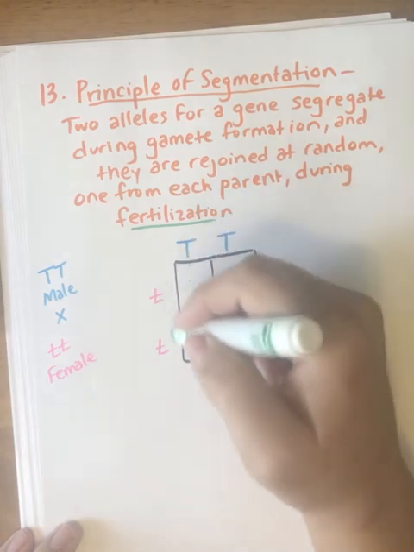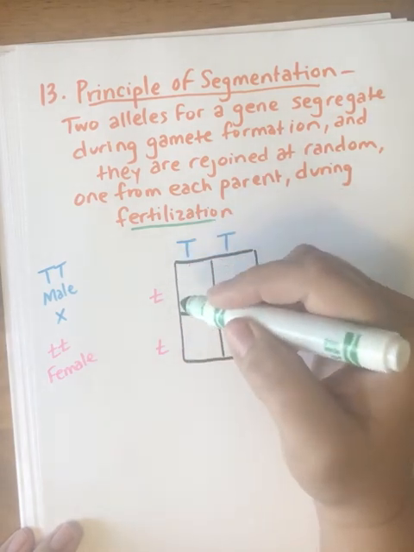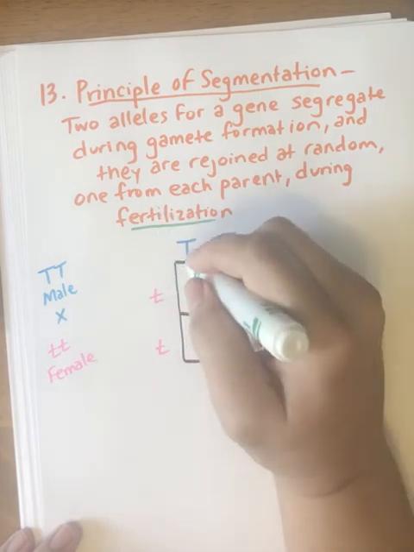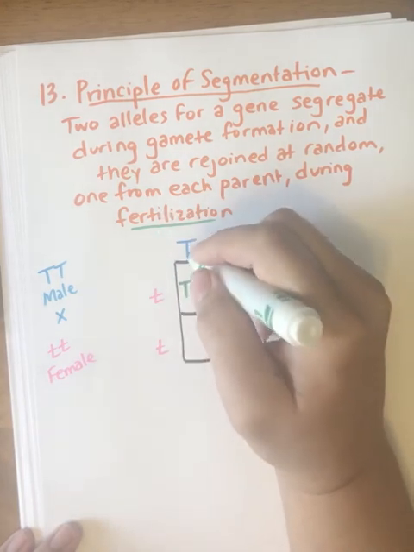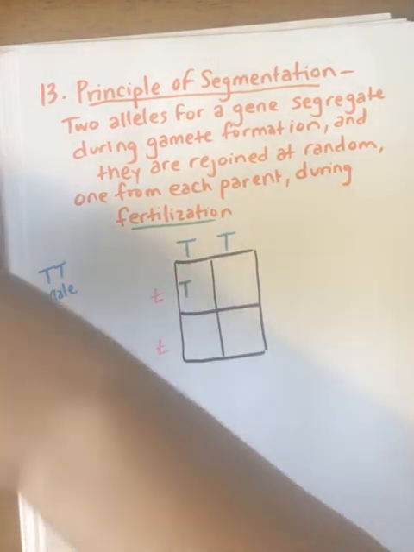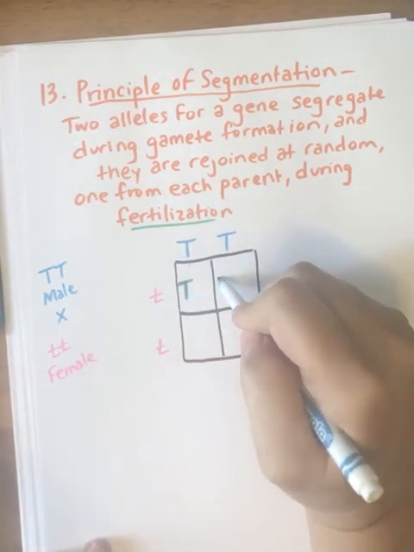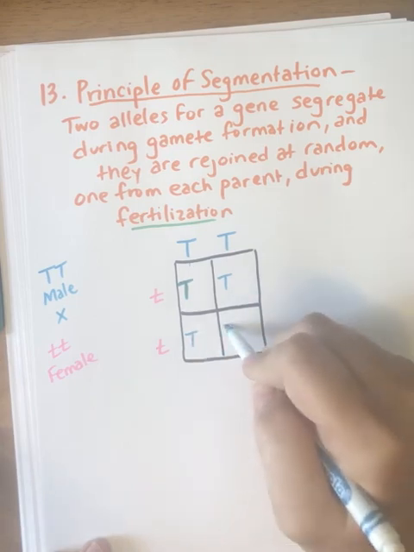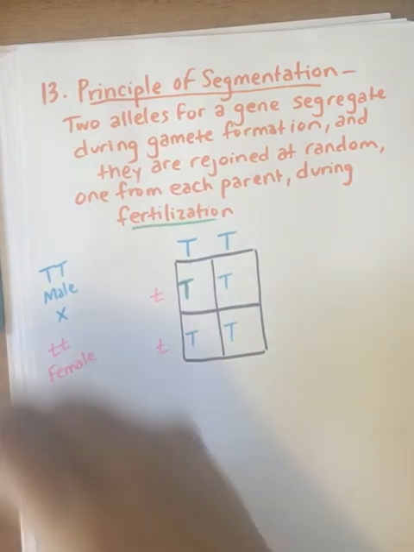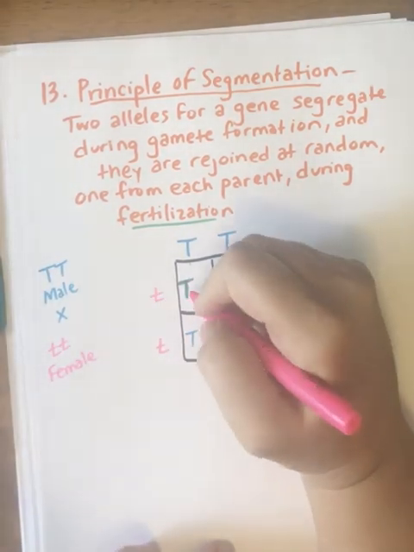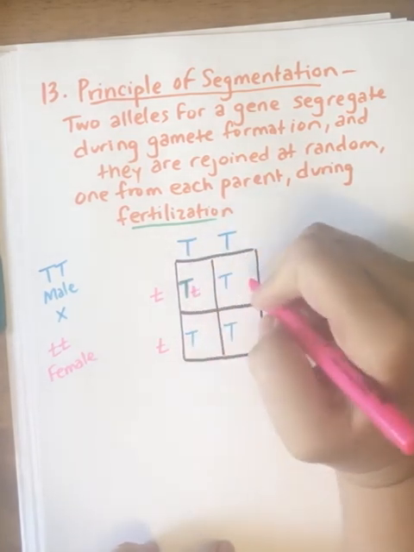So we use this Punnett Square to figure out what are the possibilities that could happen. So the male's gene from the sperm is going to randomly fuse with the egg. This is the principle of segregation.